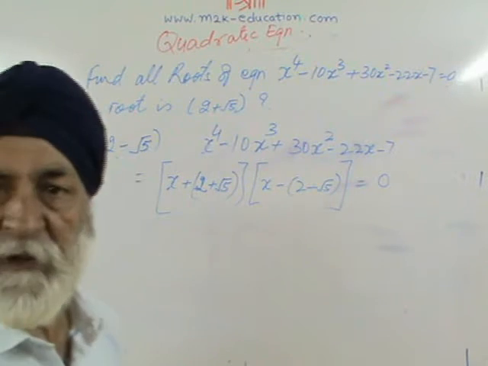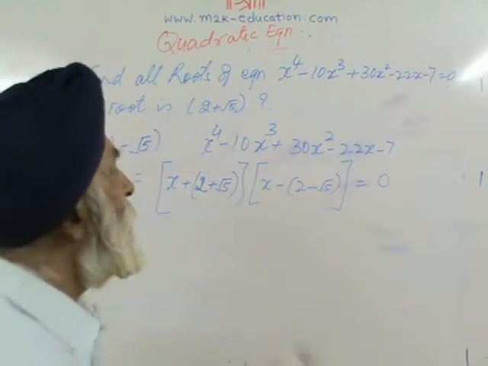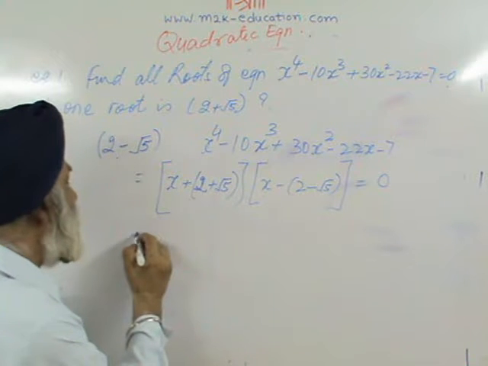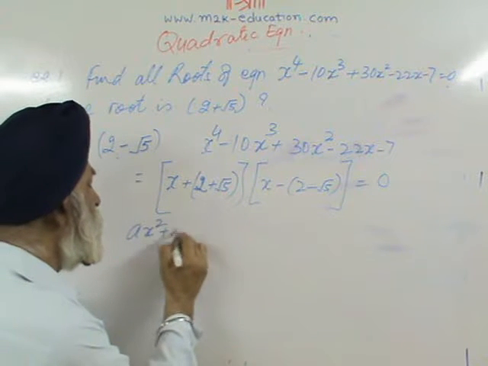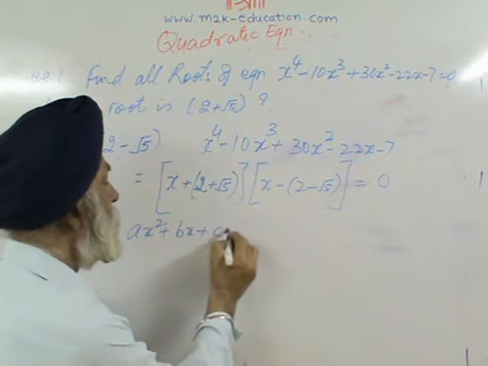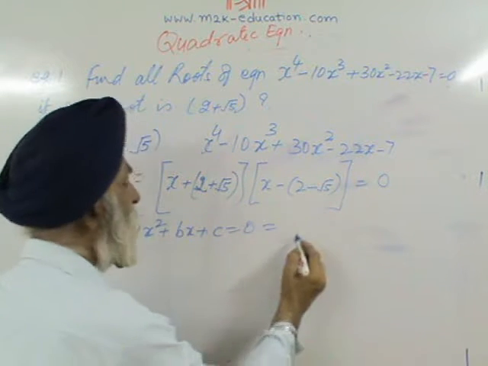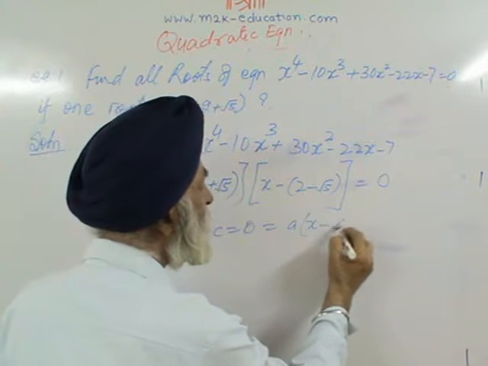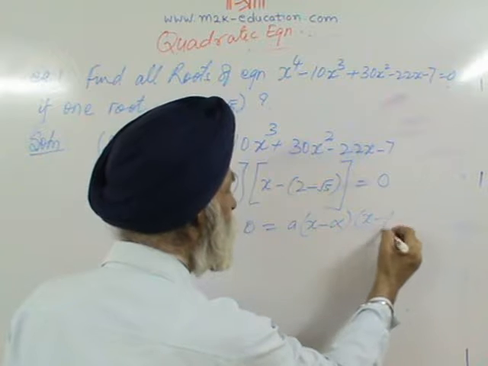Because you are very well aware any equation like a quadratic is written as two factors, like a times x minus alpha times x minus beta.